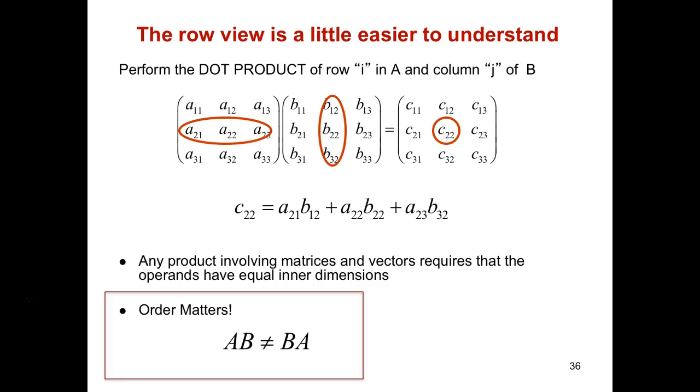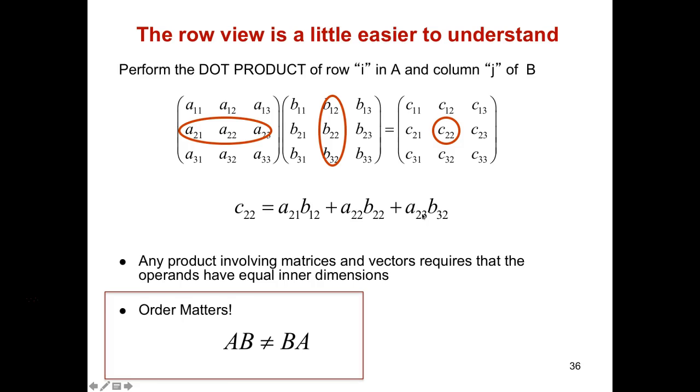So essentially, my C22 over here will be simply A21 times B12 plus A22 times B22 plus A23 times B32. And I have to, of course, repeat that to get the rest.